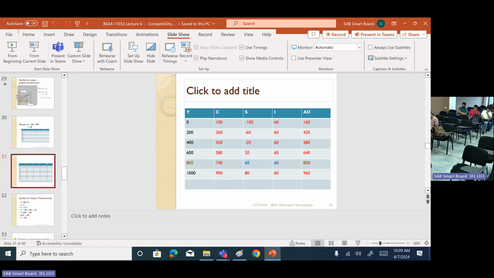This difference is the output gap, between actual output and potential output. We are trying to minimize the output gap by utilizing the resources. In macroeconomics, employment means employment of the productive resources.